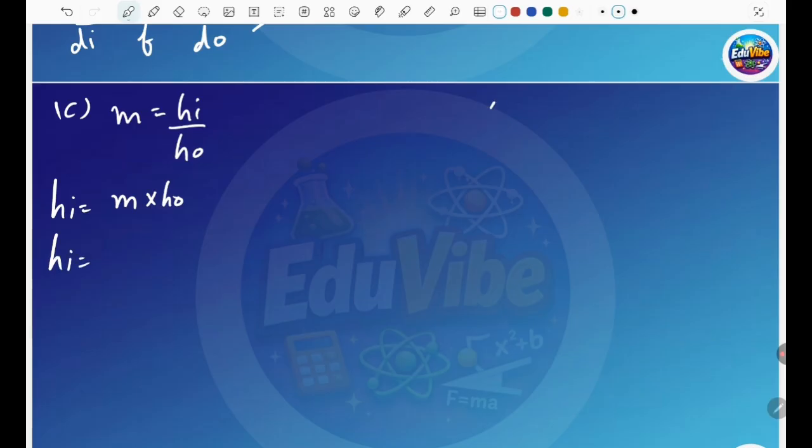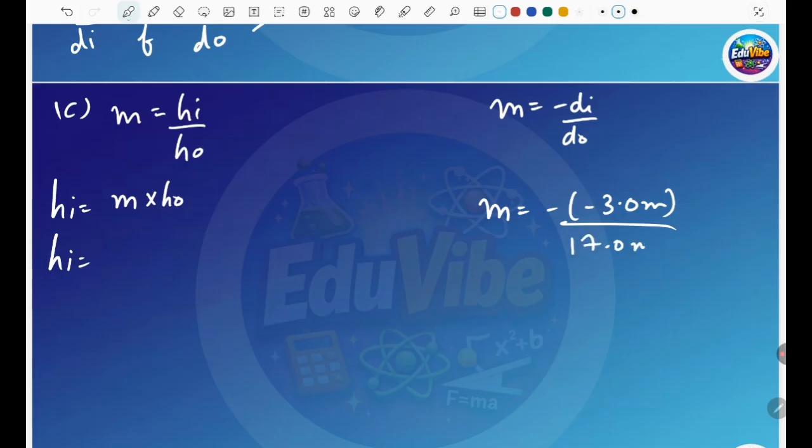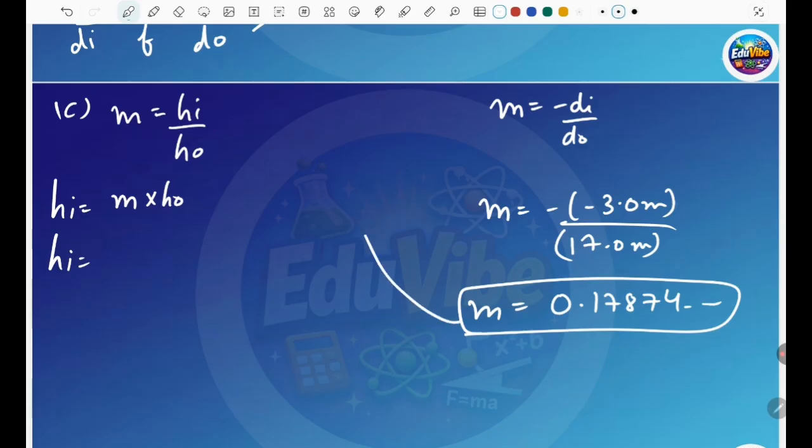You can find the magnification with the formula minus DI upon DO, because these things are equal to each other. So you have DI, which is minus 3.0 meters, divided by DO, which is 17.0 meters. Minus times negative is positive, so 0.1784 with no units. So you get the magnification.